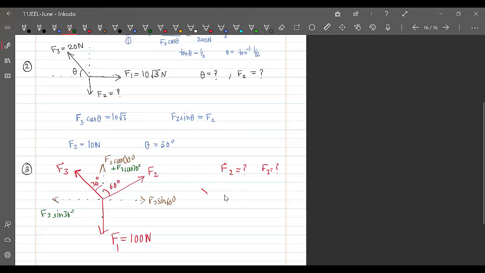So I'll get two equations. The forces in the x direction will balance the forces in the y direction. No, sorry, the net force in the x direction will be 0.